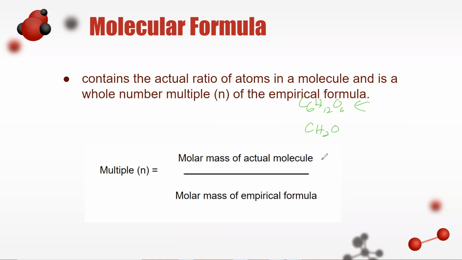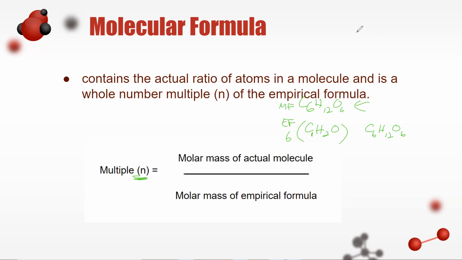In this case, we would multiply this entire thing by 6, right? Because this implied 1 here, 6 times 1 is 6, 2 times 6 is 12, and again, 1 times 6 is 6. So that whole number n is going to get us from our empirical formula to our molecular formula.